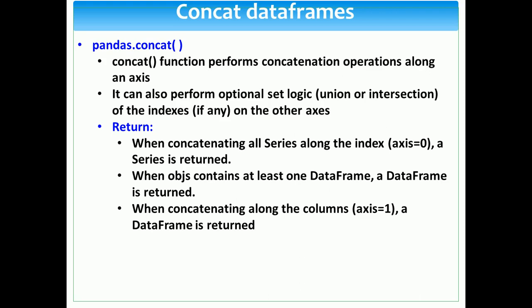When concatenating all the series along the index, that means axis equal to 0, a series will be returned. When objects contain at least one data frame, a data frame will be returned. When concatenating along the columns, that means axis equal to 1, a data frame will be returned.